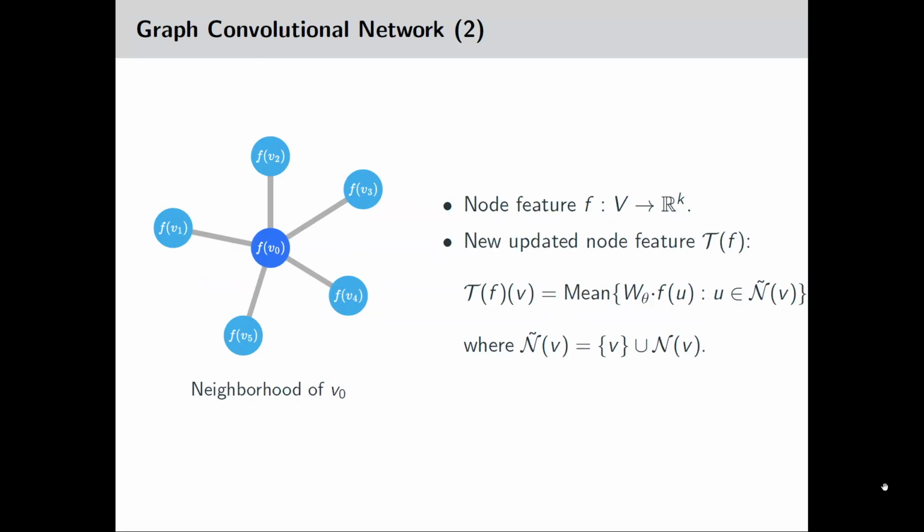Actually, there are various types of GCN, but one simple form of GCN is to multiply the neighborhood features of each node with this W theta matrix and take the average of them as a new node feature. So here is the formal equation. Actually, when I conducted the experiment, I used a slightly more complicated model, but it is okay to use this GCN in this presentation.